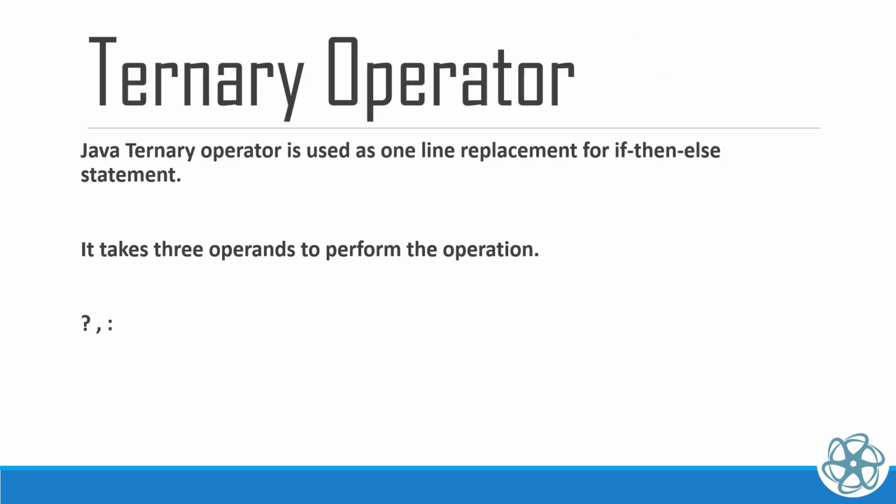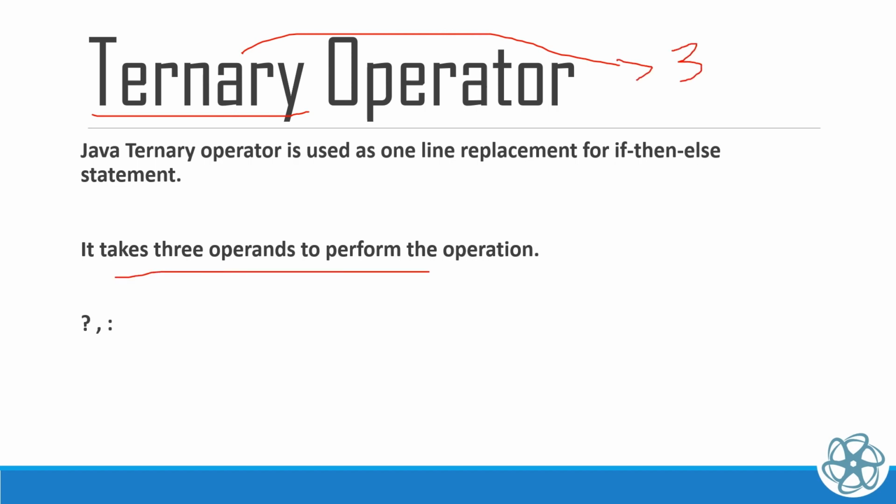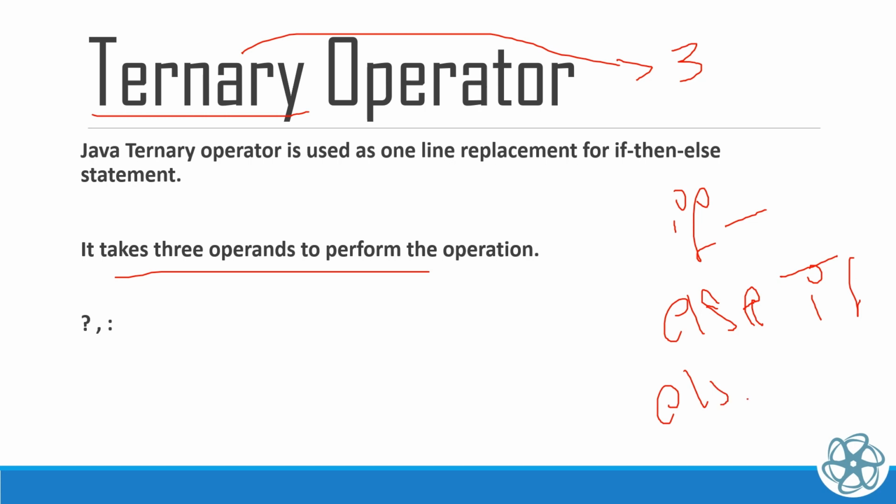So next is the ternary operator. What are ternary operators? Ternary means 3. It takes 3 operands to perform one operation. The Java ternary operator is used as a one-line replacement for the if and else statement. There are conditional statements like if, else if, and else, which check the conditions we provide.